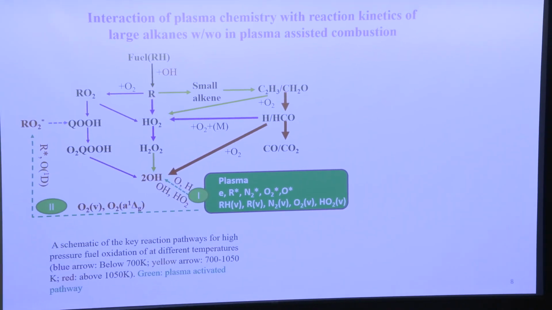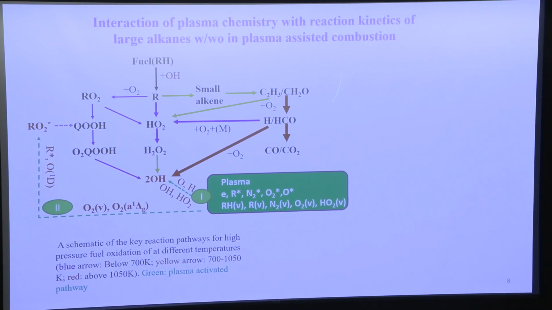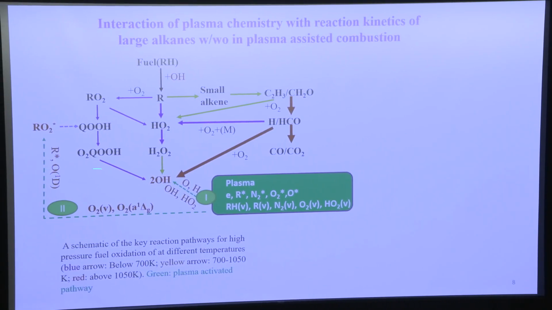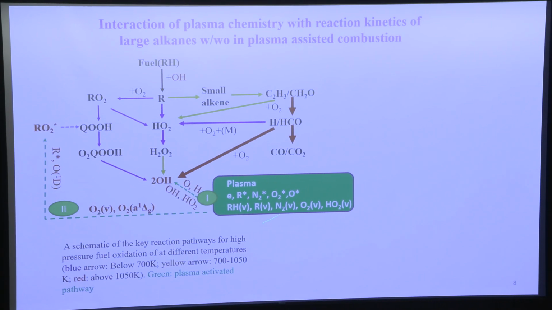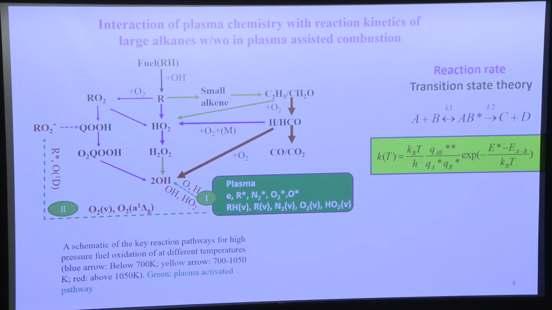So now you try to understand how they bring you to the chemistry: high temperature, intermediate temperature, low temperature chemistry. You can see all this plasma chemistry now starts to couple mostly with the low temperature chemistry part. They're going to enhance low temperature reactions. And if you listen to Bill Green's talk, he will talk to you about transition state theory, how the reaction is calculated.